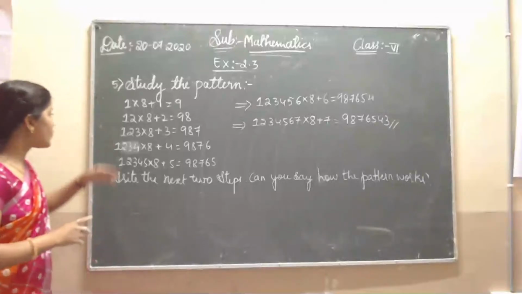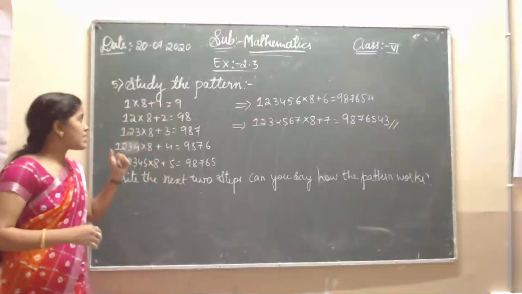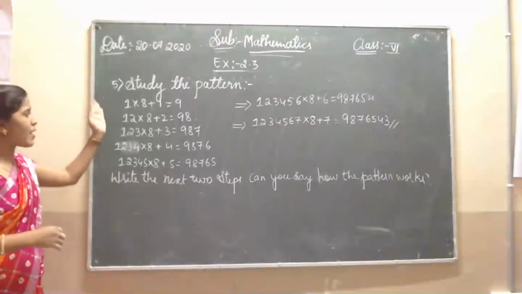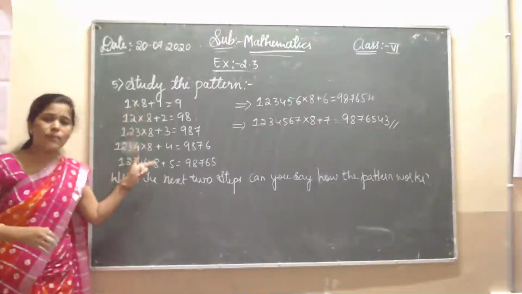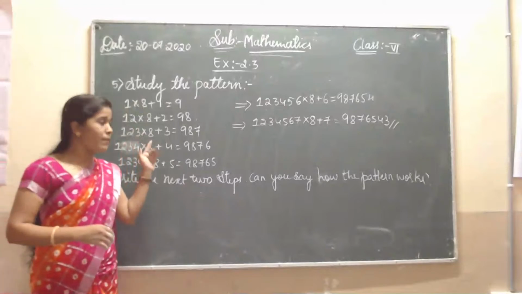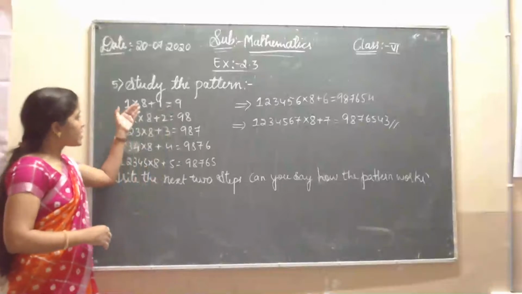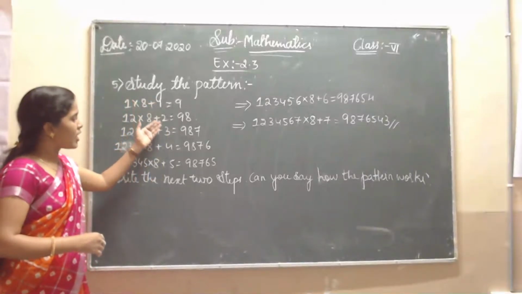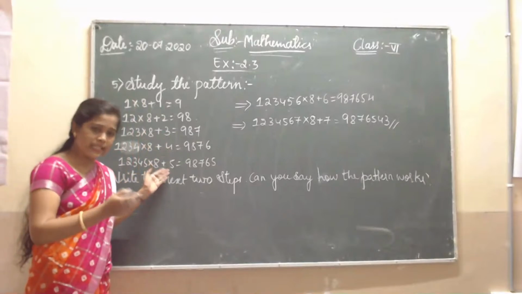Observe the first column, second column, third column and fourth column. In the first column, it increases by 1: 1, 12, 123, continuous numbers. In the second column, it remains as it is: 8 multiplied by 8, 8, 8, 8, and there also 8. Next, in the third column, 1, 2, 3, 4, 5, then two steps, 6 and 7.